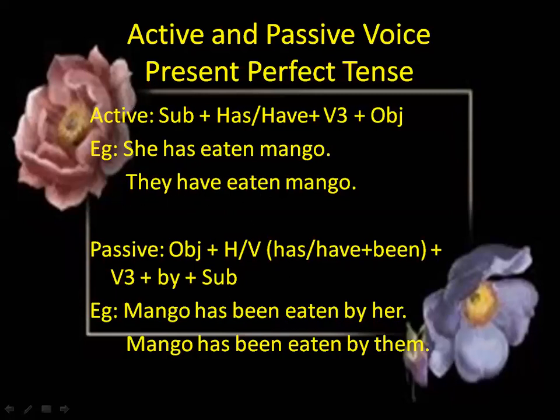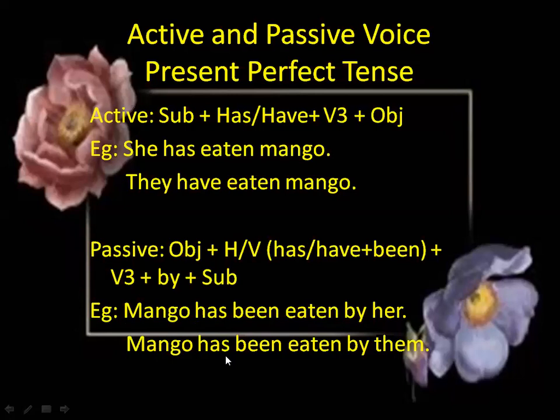Then again they have eaten mango, mango will come first. Mango has; we have used here have because the subject is plural over here, but here mango is singular. Okay, so we will use this has according to this subject. Now object has become a subject, it is the object, but now according to this structure it has become first, so it is singular.